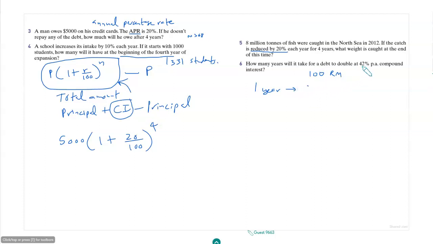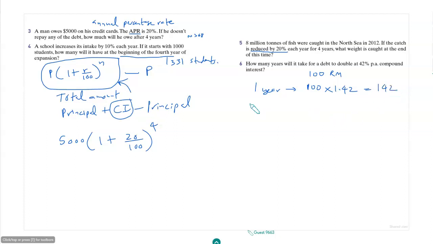It grows by 42%. So 100 into 1.42, right? You remember this? If it was a 10% increase, you multiplied it with 1.1. Yes. So here it's a 42% increase, so you have to multiply with 1.42. So this becomes 142, right?